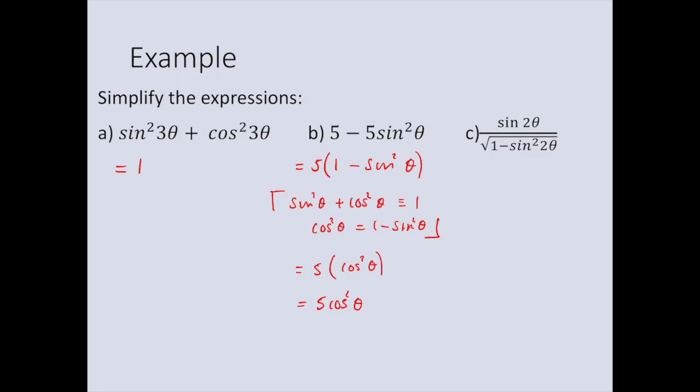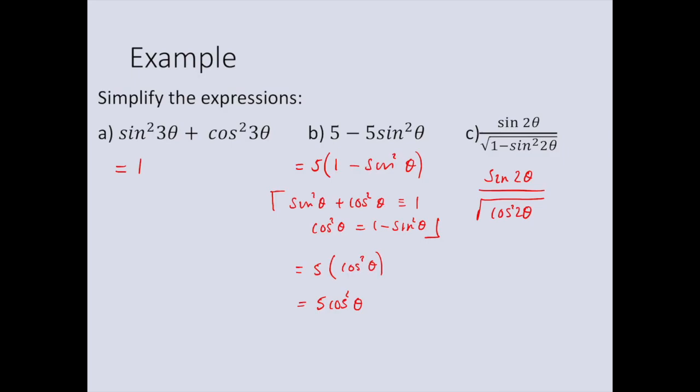Okay, to turn our attention to part C, sine 2 theta over the square root of 1 minus sine squared 2 theta. Okay, so first of all, we can say we've got sine 2 theta over the square root of cos squared theta, just using that little trick from the previous question.